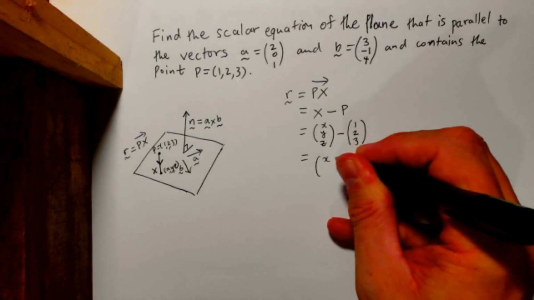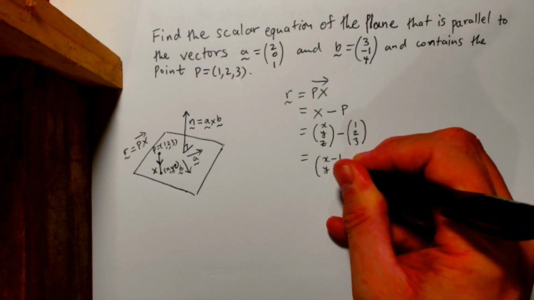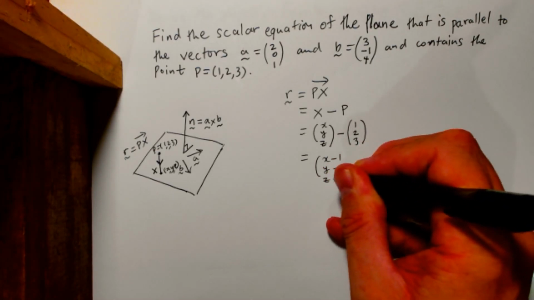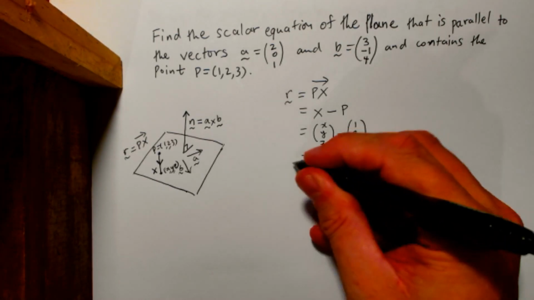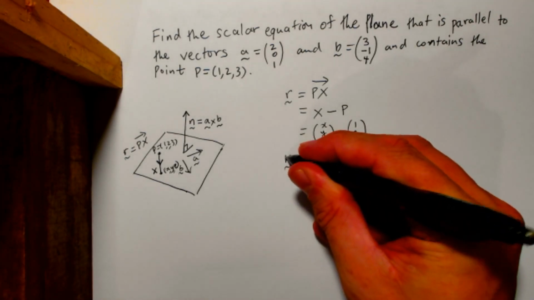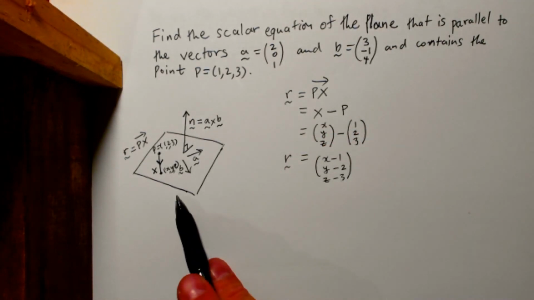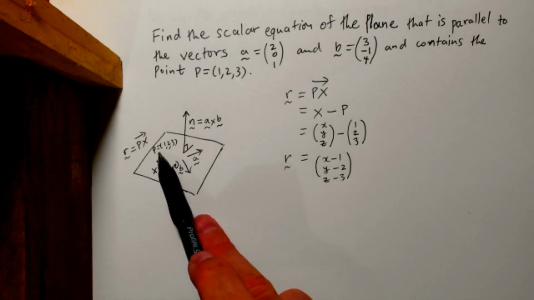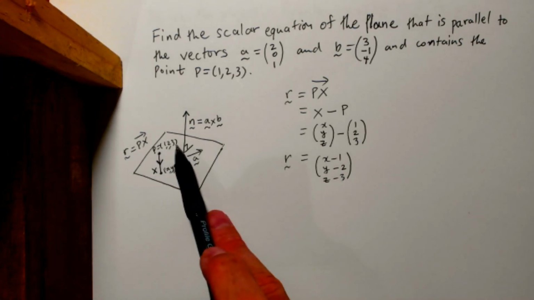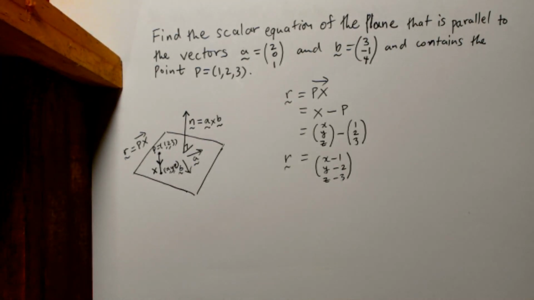So now we have x minus 1, y minus 2, and z minus 3 is our vector r that is parallel to the plane, and it's actually on the plane because we have a point taken on the plane.